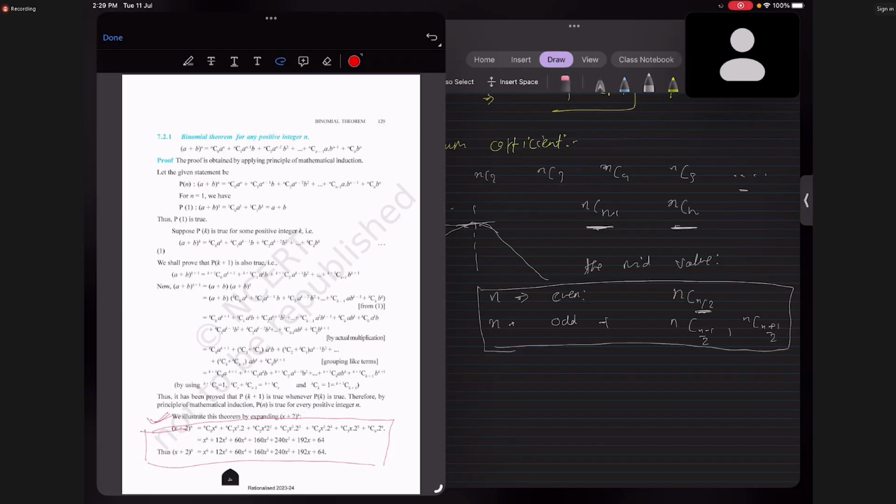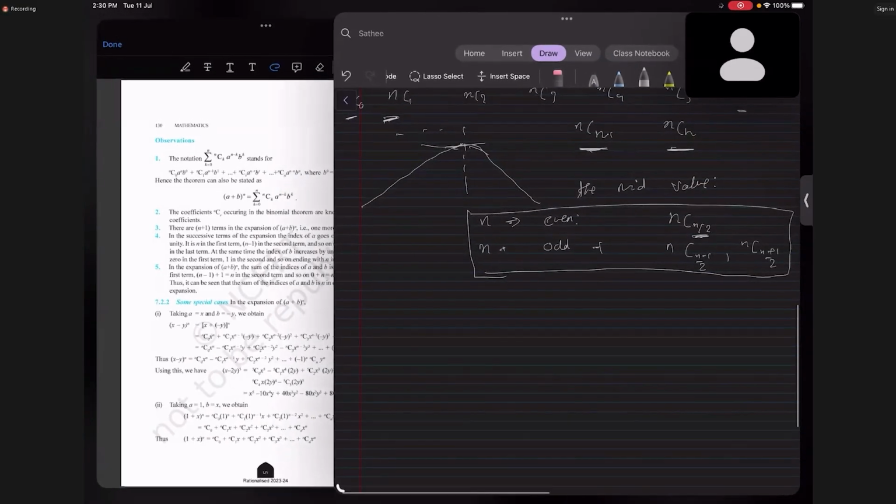Okay, so you can see the coefficients, this is 6C0, 6C1, 6C2, 6C3, 6C4, 6C5, and 6C6. And you can also observe the exponents here. You can consider x to be equal to a and 2 equal to b. So this is a to the power 6, this is a to the power 5, b to the power 1, this is a to the power 4, b to the power 2, and so on. So this is the usual way we expand the binomial terms.